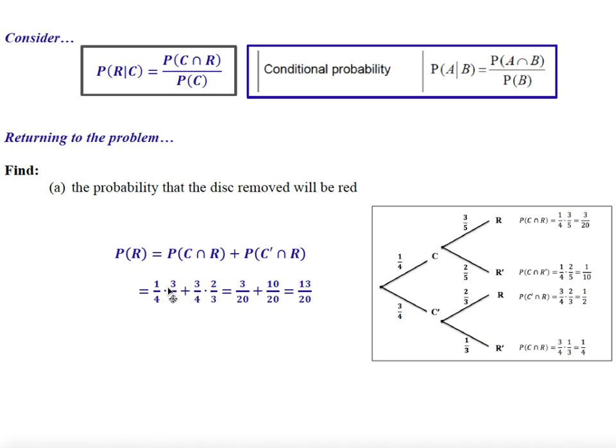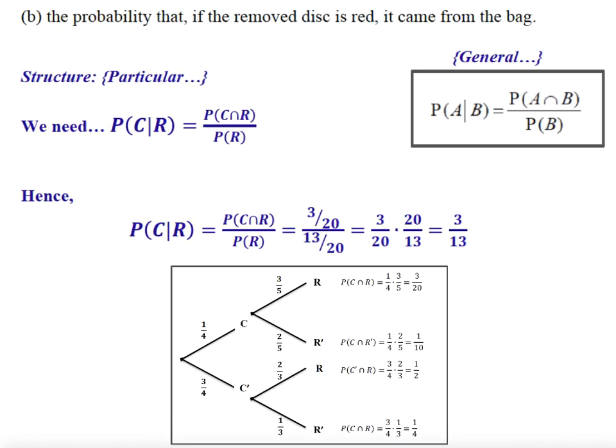The product of these two we've already seen, plus the product of these two, accounts for the fact that there's 13 chances out of 20 to actually have a red disc in your hand, having that disc coming from either the bag or the box.